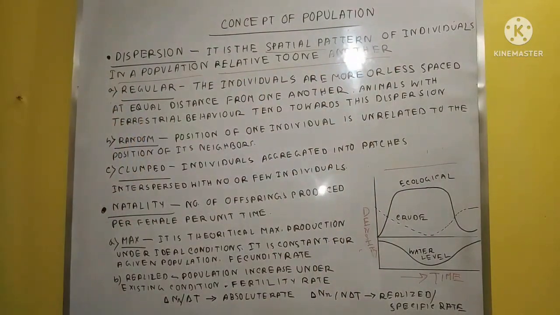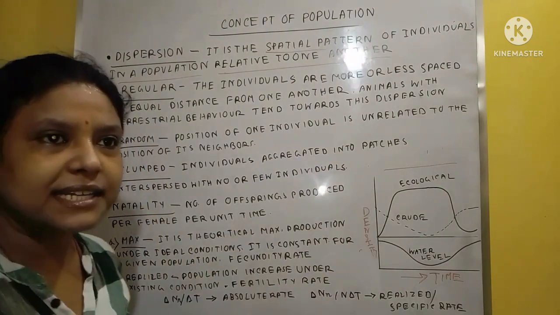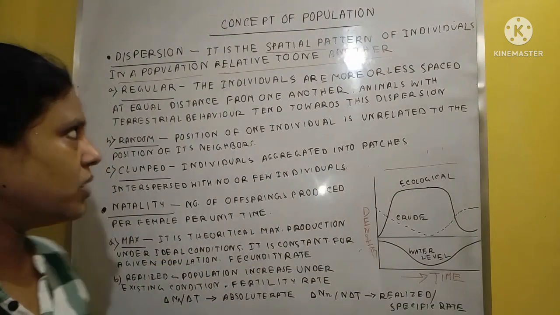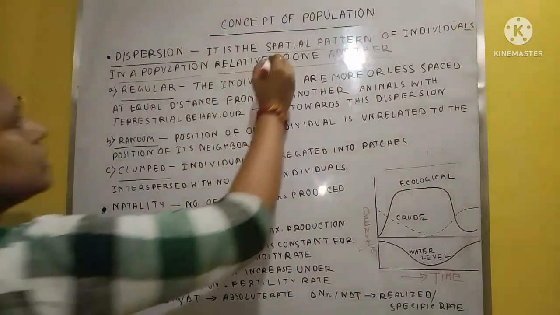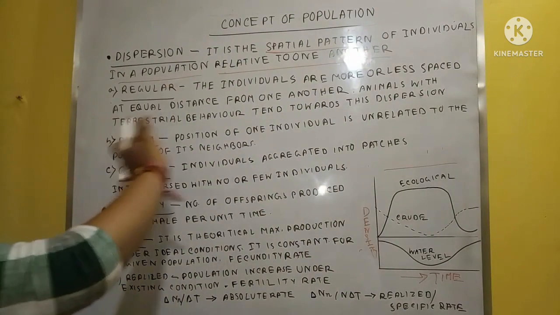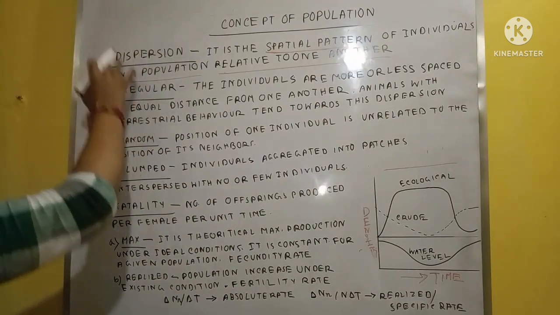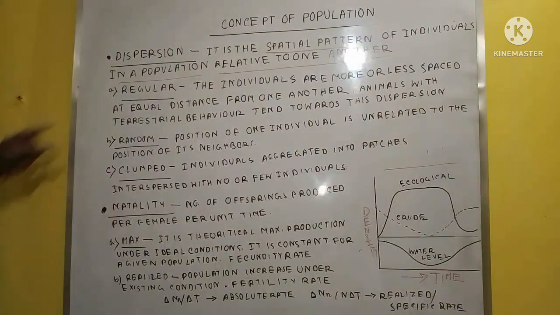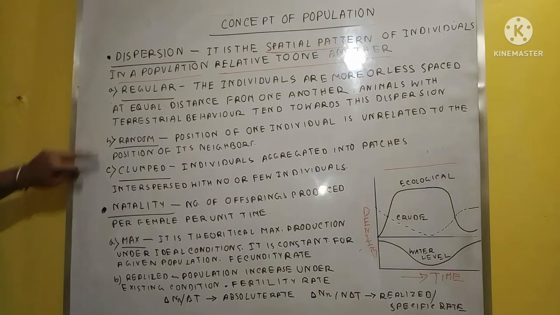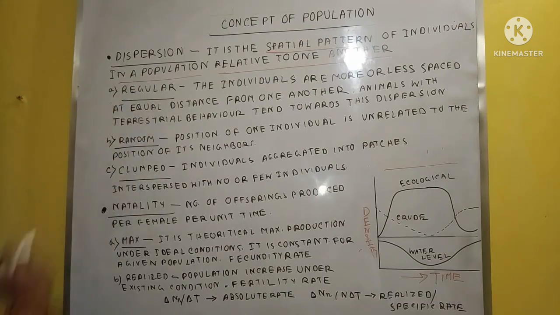Distribution and dispersion are the same. That means the individuals are scattered in an area. So under this dispersion, there are three kinds of dispersion you can see: regular, random, and clumped.